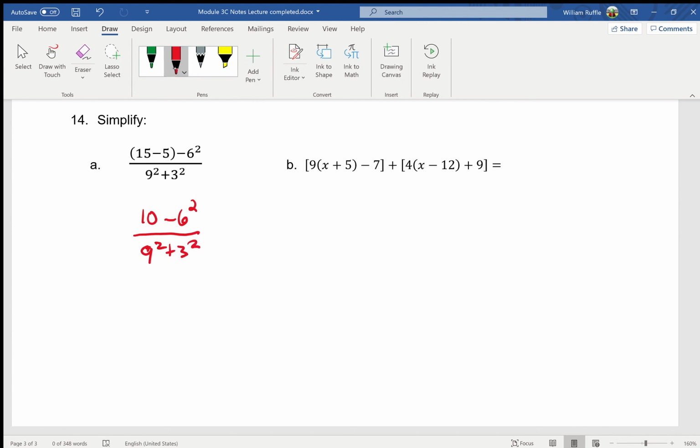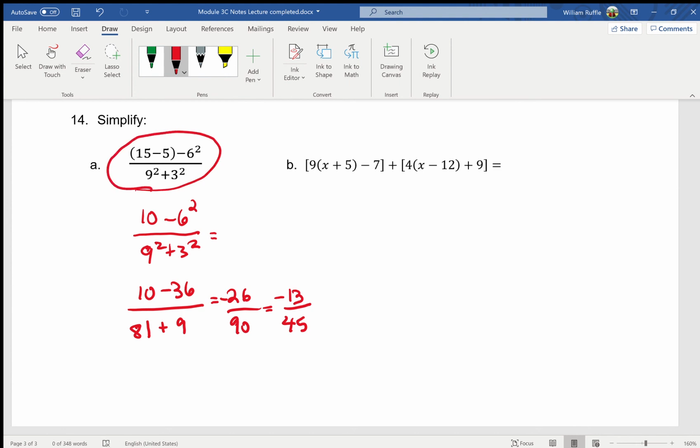So on the top, it's really equal to 10 minus 36 over 81 plus 9, which is negative 26 over 90, which reduces to negative 13 over 45. So that would be my answer. And again, you should be able to use your calculator to do this in one step, not do it by hand and do something silly like I just did.